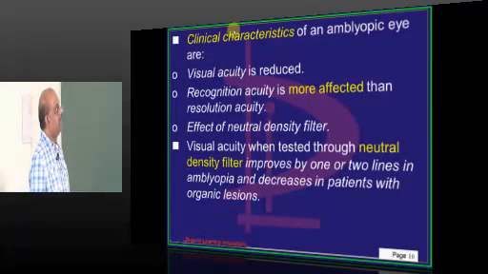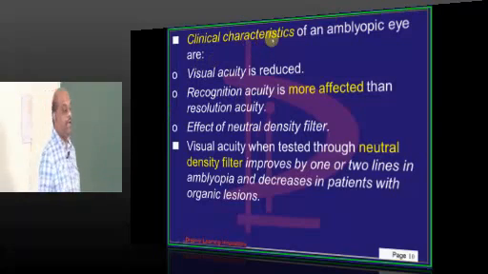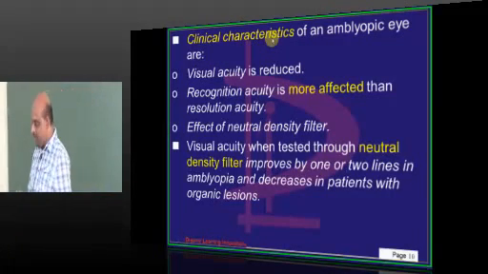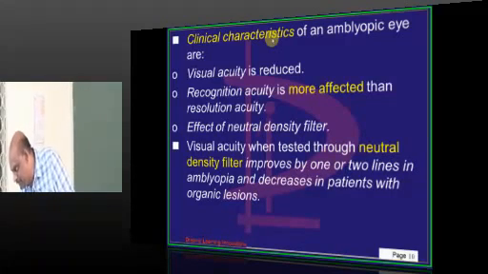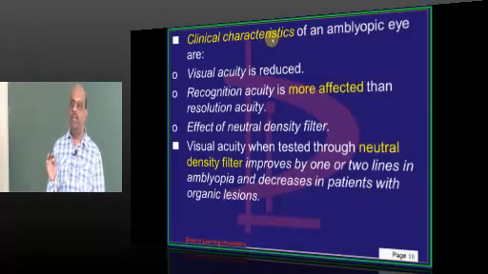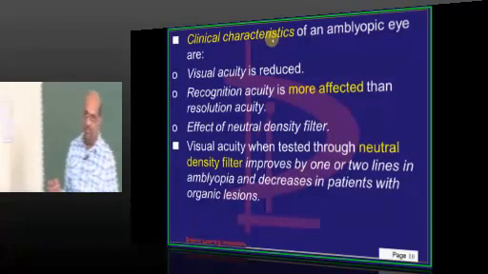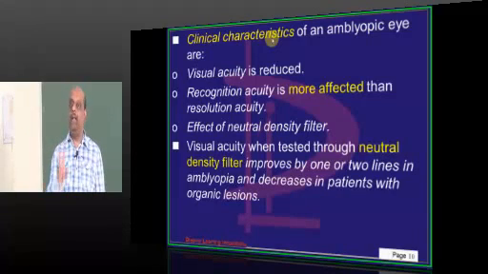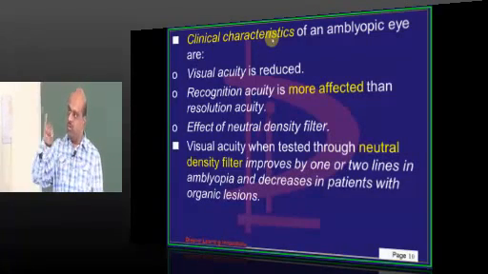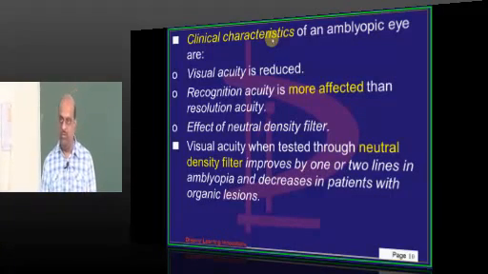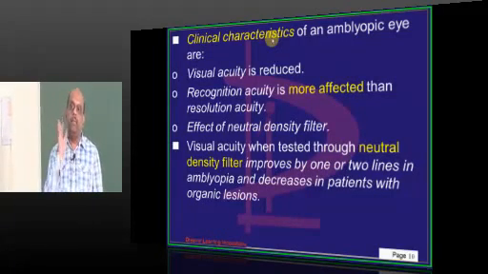And what are the important characteristics of an amblyopic eye? Once more, let me re-emphasize to you, doctor. Amblyopia is a loss of vision with a normal media, normal retina, normal visual path. In spite of that, either due to sensory deprivation etc., which we discussed, one of the eyes is becoming lazy.